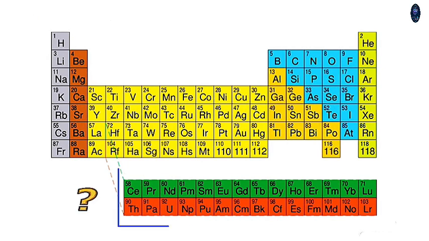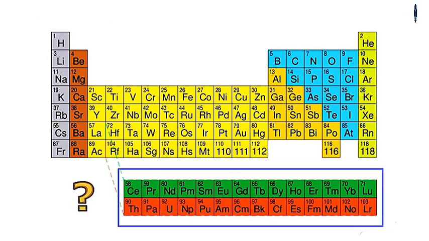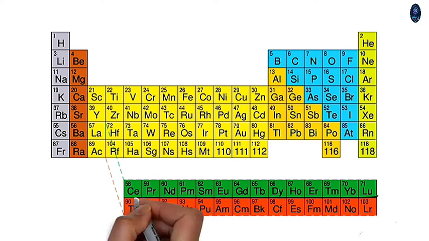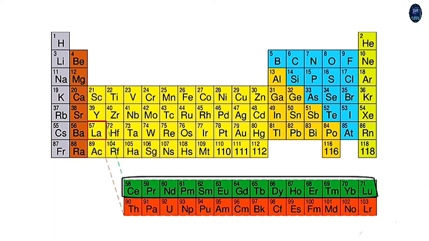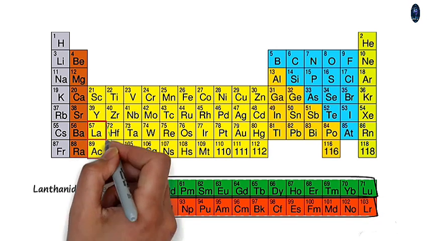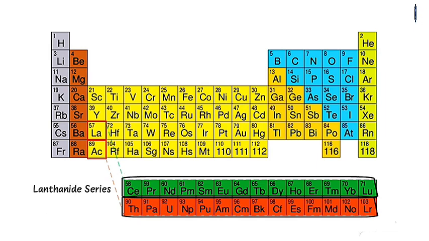Do you know why these two rows are placed at the bottom of the modern periodic table? Here, elements in this row come after lanthanum because the atomic number of cerium is 58 and that of lanthanum is 57. So it is named the lanthanide series. Similarly, elements in this row come after actinium, so this row is called the actinide series.